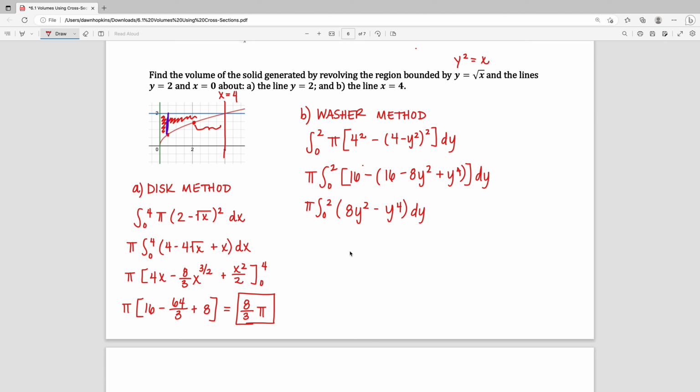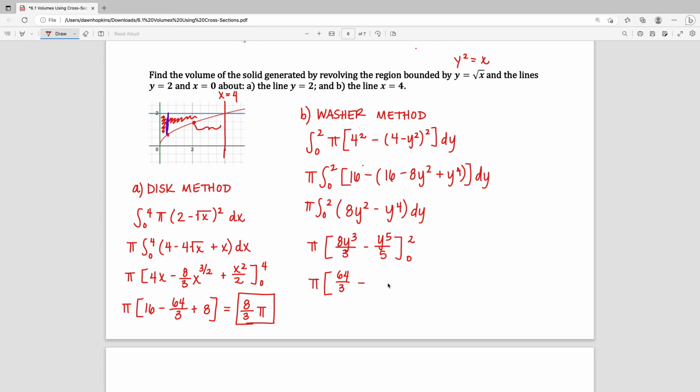If we integrate, we're going to get 8y to the 3rd over 3 minus y to the 5th over 5. I'm going to look at that over the interval from 0 to 2. Two cubed is 8. 8 times 8 is 64, so we have 64 thirds.